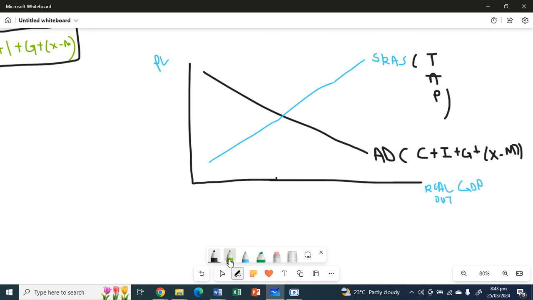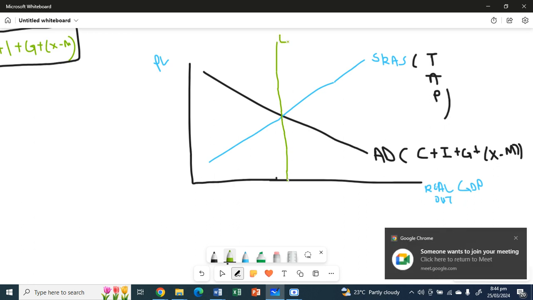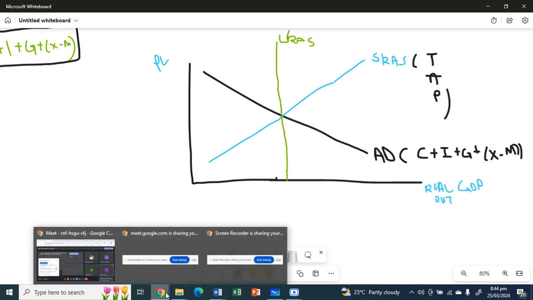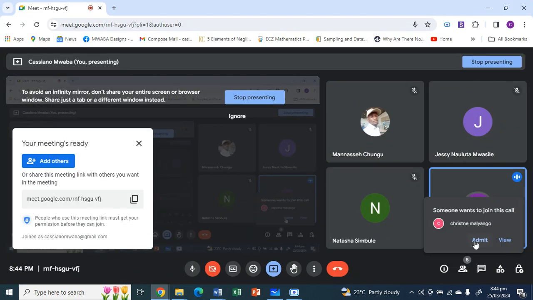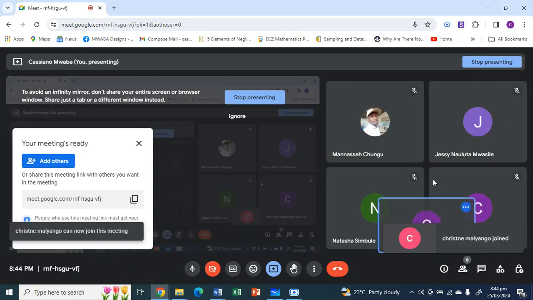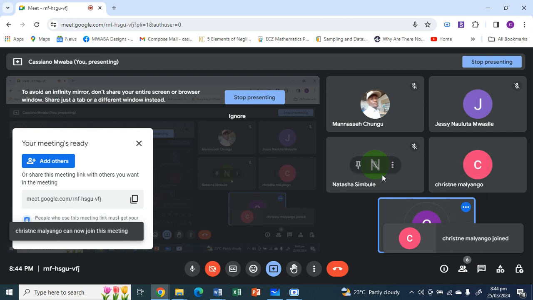Then we have the long run aggregate supply, which is here. In the long run, wages are flexible, meaning you can even quit your job to go and look for a job which is paying higher. Or when your contract finishes, you can negotiate a higher salary. So in the long run, this straight line represents our GDP output if we utilize our factors of production efficiently.